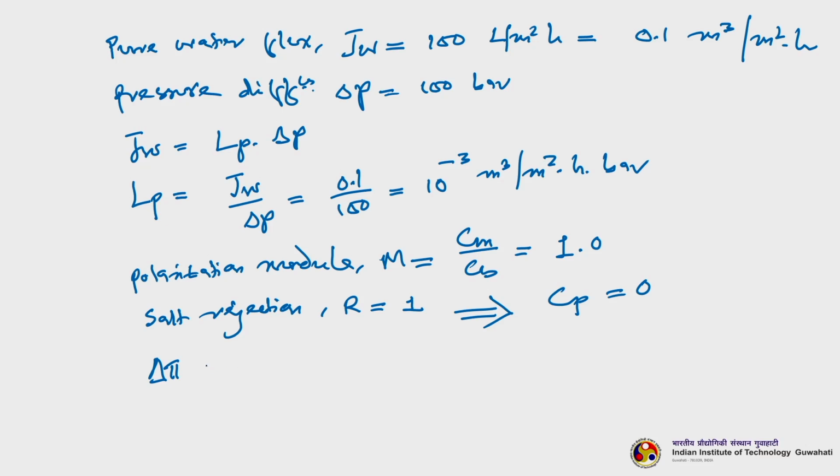So, delta pi equals pi of 5% NaCl. It is given that the osmotic pressure of a 2% sodium chloride solution is 11.5 bar.